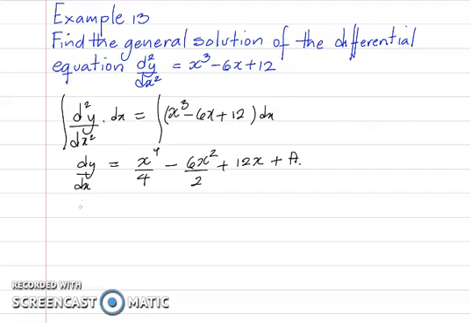So dy by dx would be equal to 1/4 x to the fourth power minus 3x squared plus 12x plus a.